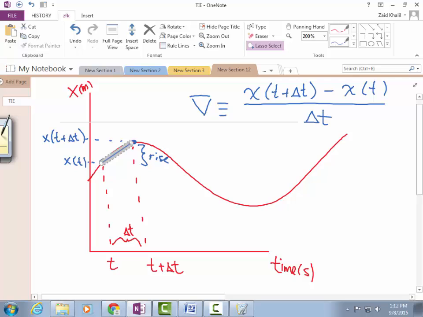It's that secant line. So that secant line is the average velocity. This right here is the average velocity. The secant line is the average velocity.